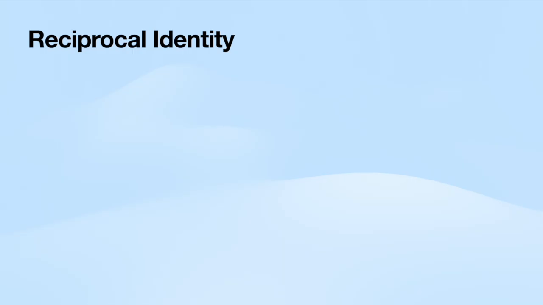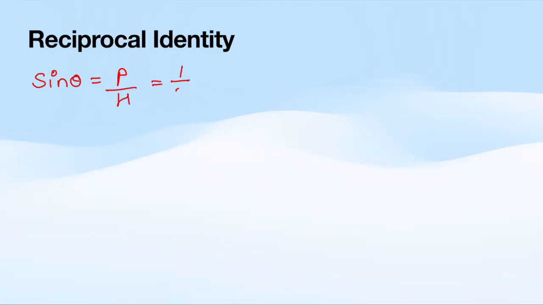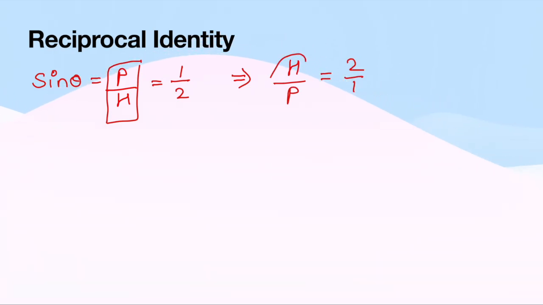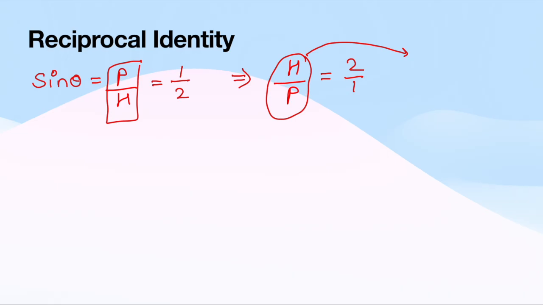In part 2, we have the reciprocal identity. What do you understand by the reciprocal identity? Suppose my sine theta is P by H and I am getting its value, suppose it is 1 by 2. Then just the opposite of it will be H by P, or the value will be 2 by 1, and this H by P ratio will be known as cosec theta.